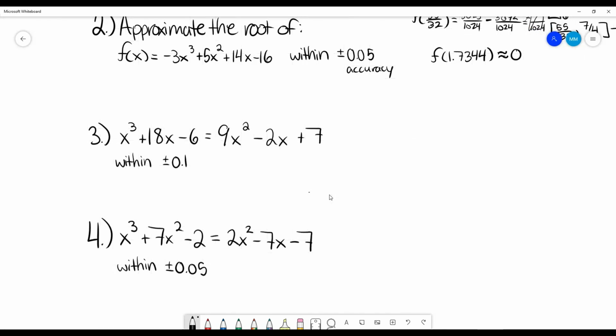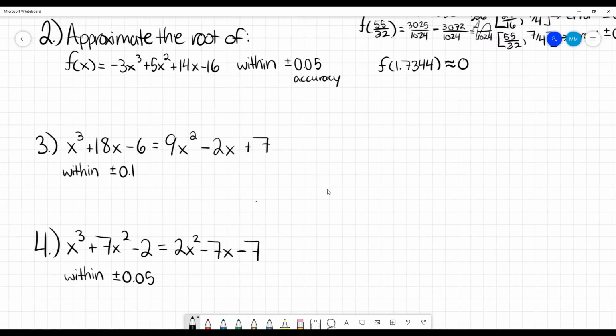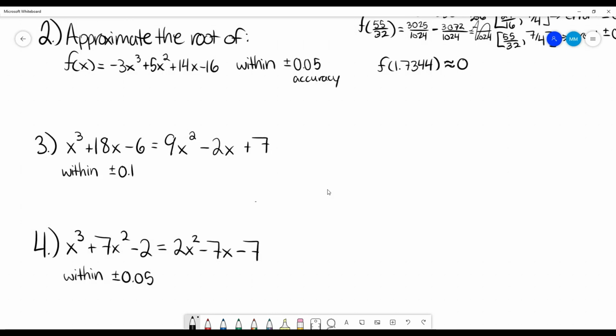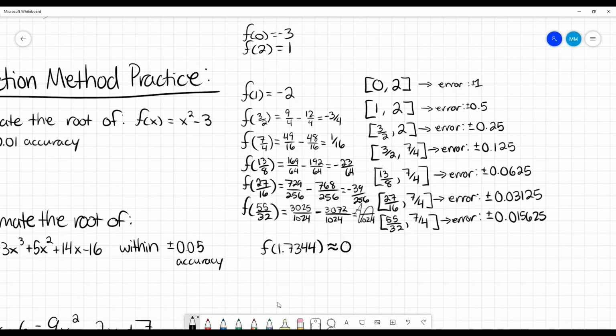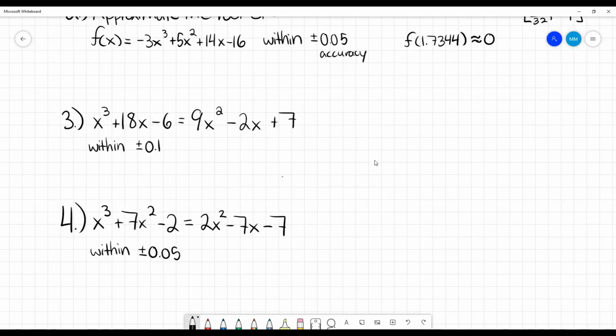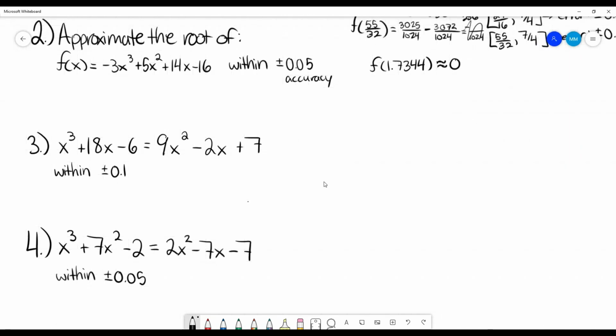Let's try number 3 now, and then I think we're actually gonna end the video, because I know it's kind of grueling, but we do have to know it for our class, unfortunately. So this one's interesting just because it doesn't start out with an f of x. We've got x on both sides. So what we need to do is set that equal to 0, because we're trying to find our roots, right?